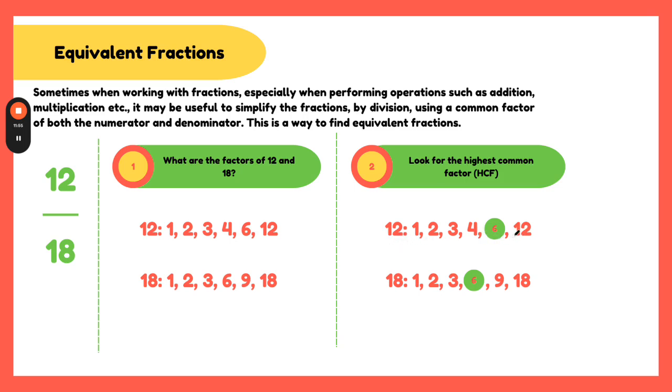Well, we can see our highest common factor, or HCF, is 6, because 6 is a common factor of both 12 and 18, i.e. it divides into 12 and into 18 without any remainders, and it is the highest number which does. So our highest common factor, or HCF, is 6.